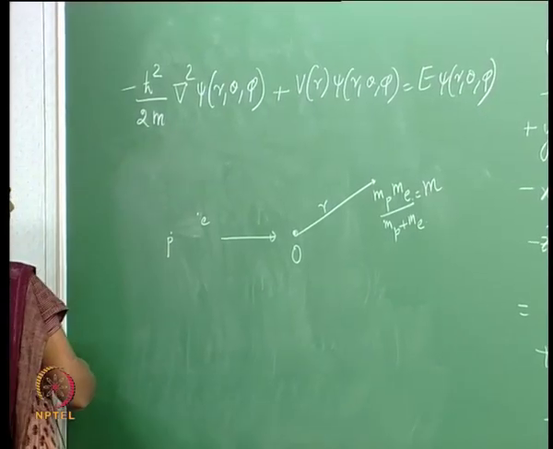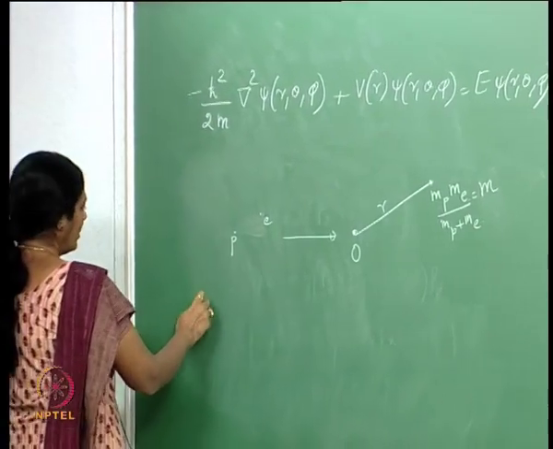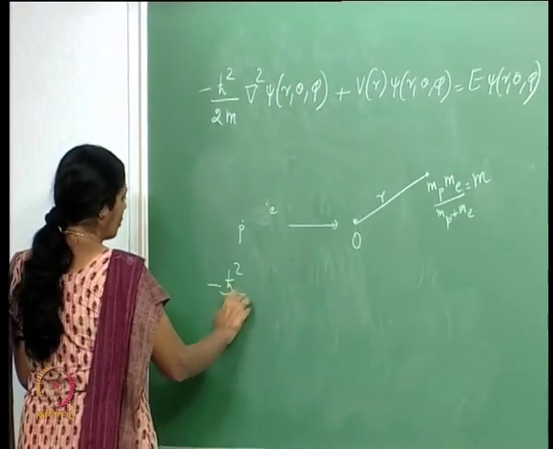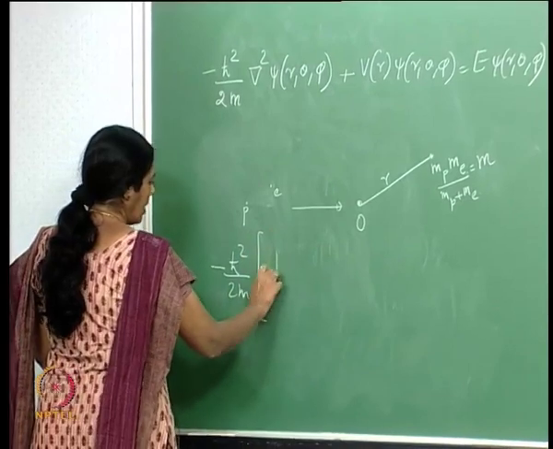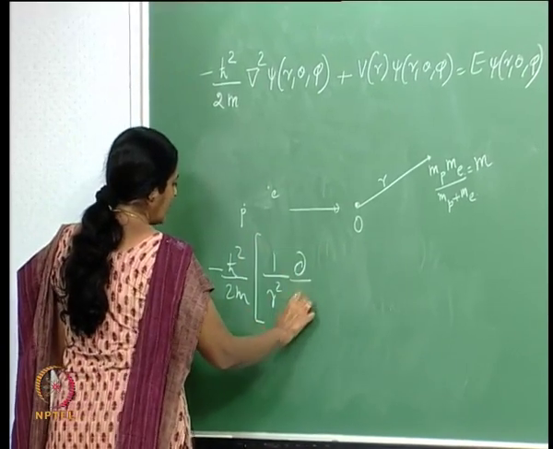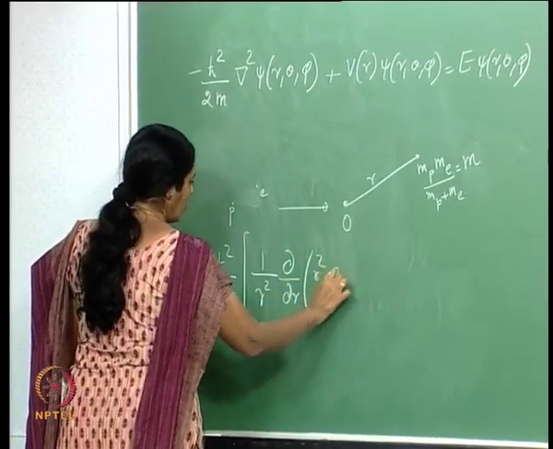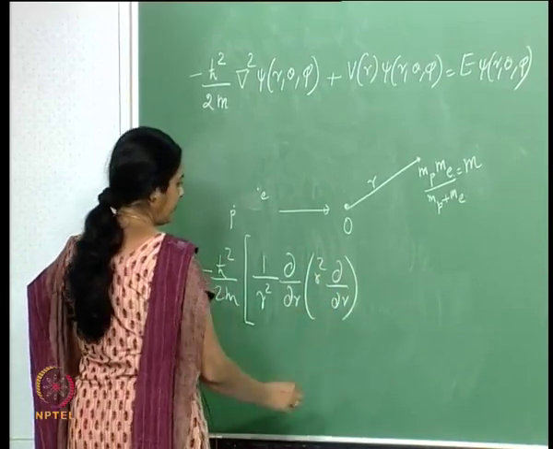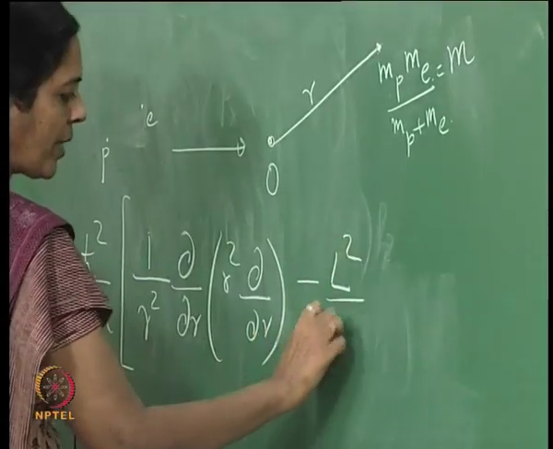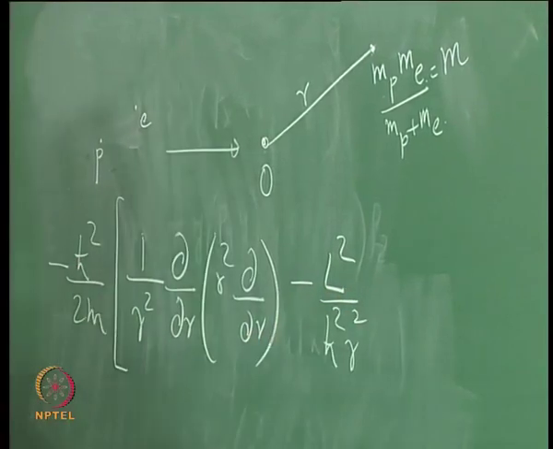So that is what we have here, and in that picture I can now substitute for del squared as 1 by r squared delta by delta r of r squared delta by delta r minus L squared by h cross squared r squared.